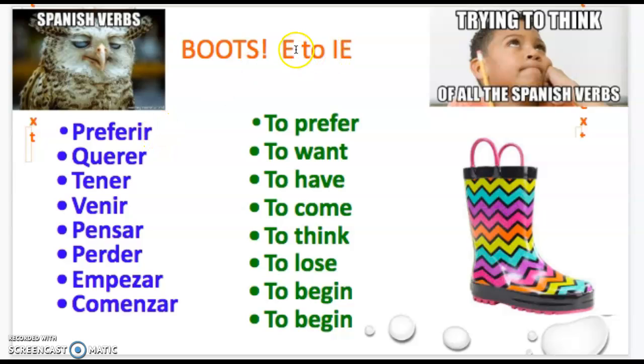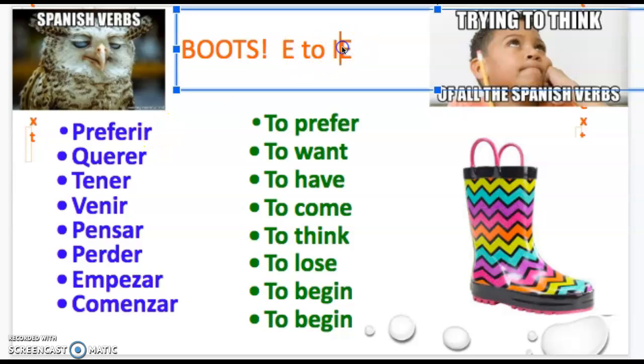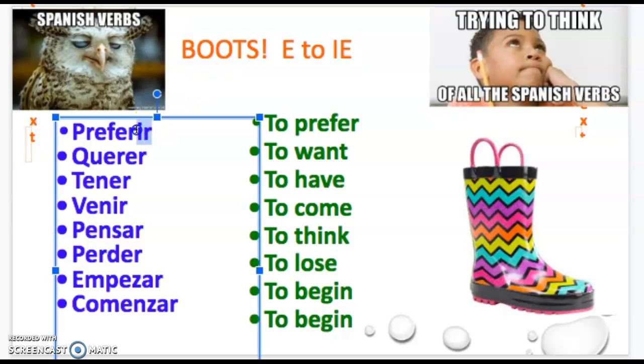So we know that the E is going to change to an IE. So the rule is, you start at the AR, ER, or IR ending, and you go one vowel before. Go to the ending, go one vowel before.